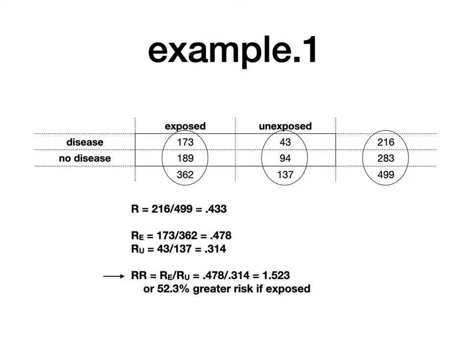So we have a general risk, a risk within the population, and we have a risk amongst those who have been exposed, and we have a risk amongst those who have not been so exposed, and from that we get a relative risk, which, as you can imagine, will continue to be of interest as I go forward in these slides.